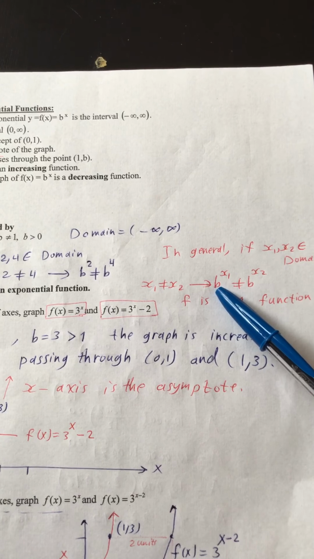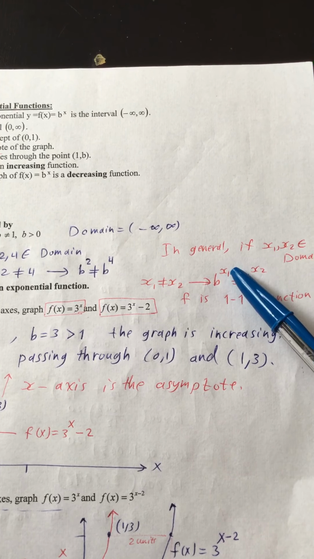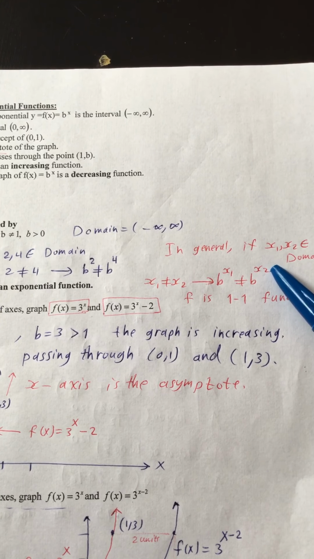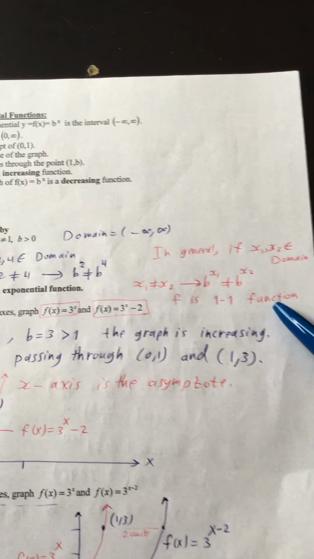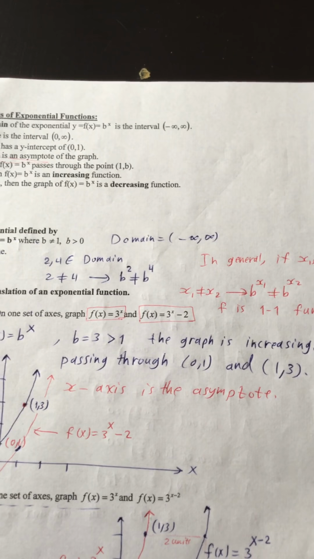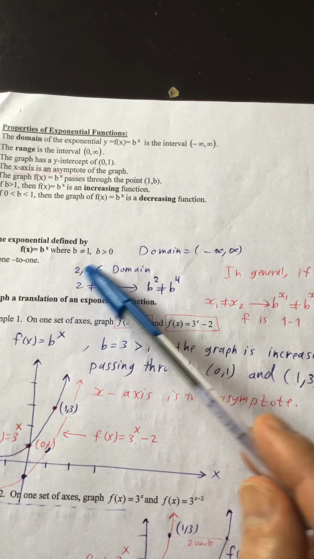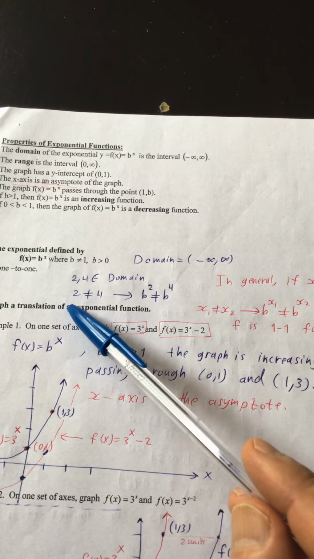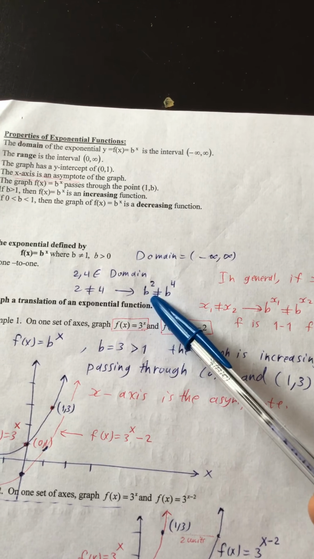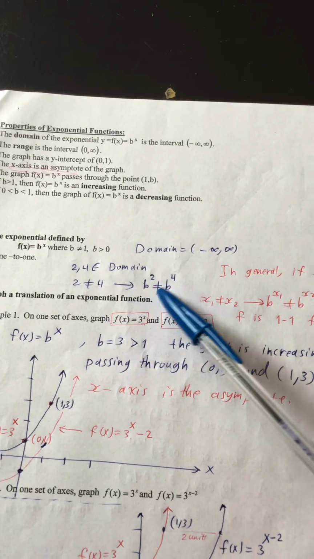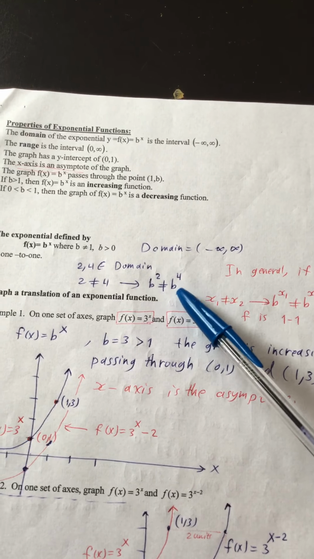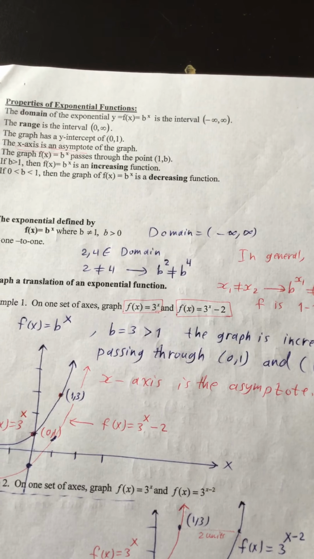If we get b to the power x1 not equal to b to the power x2, we say that the function is 1-to-1. So we take two different values in the domain, and we get two different values y in the range, so we say that this function is 1-to-1.